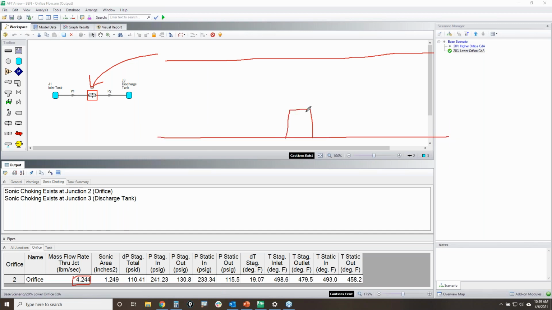If the diameter of the orifice stays fixed, maybe it might be something like, if you can trim the corners, maybe instead of sharp edged, you do a bit more rounded.